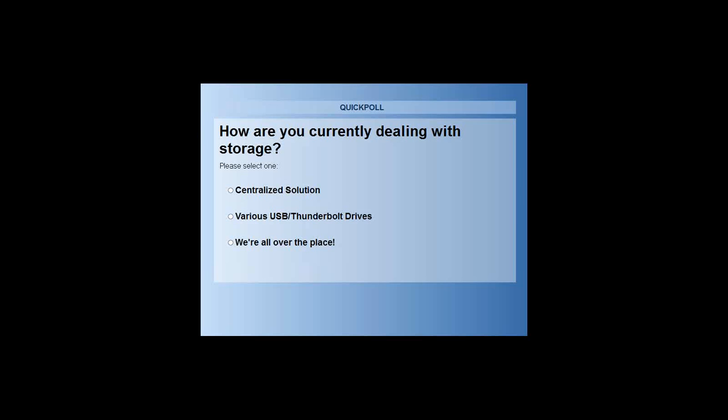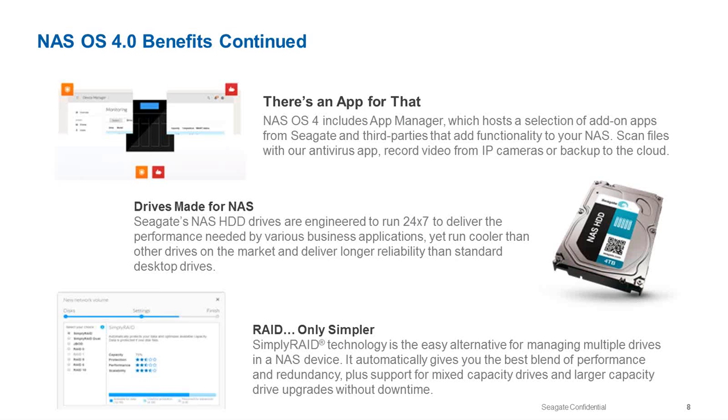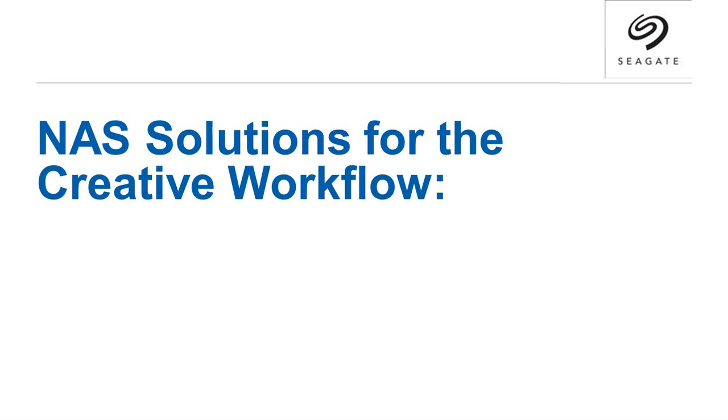All right. It looks like it's pretty even. About almost 50% use a centralized solution, 43% use USB Thunderbolt solutions, and 15% are all over the place. So that's good to know.